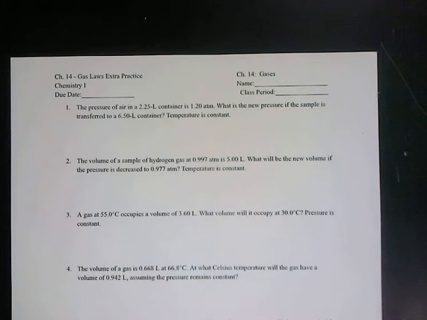Okay, so problem number 1 states that the pressure of air in a 2.25 liter container is 1.20 atmospheres. What is the new pressure if the sample is transferred to a 6.50 liter container and the temperature is held constant? So remember with the gas laws, the key to being able to solve these problems is being able to identify what formula to use.